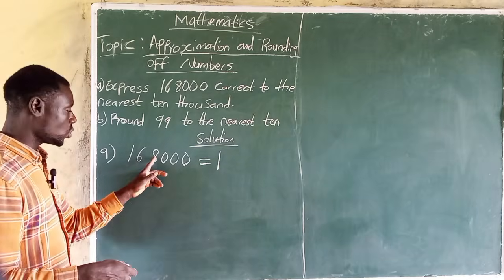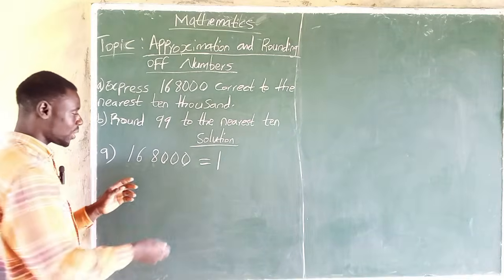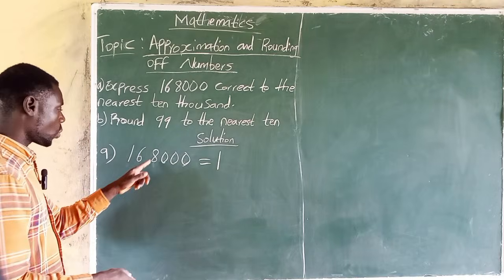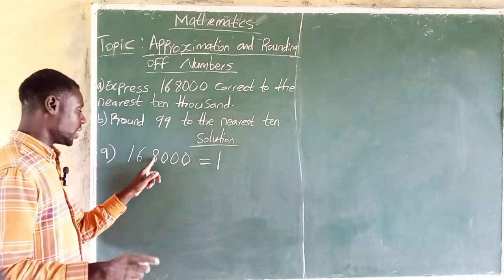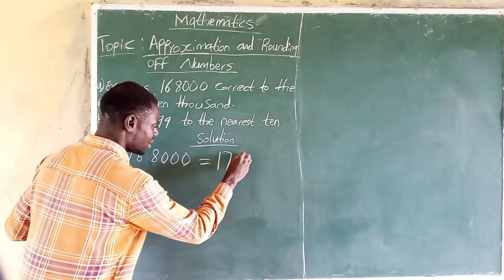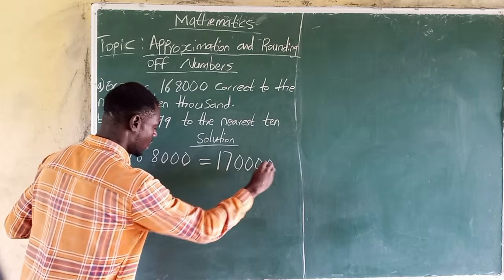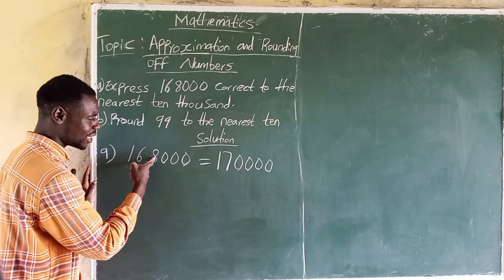So we are rounding this number to become 1. Whenever you have rounded this number up, it becomes 0 automatically. So when you are rounding this up to 1, you add it to this 6, it becomes 7. So you have 0, 0, 0, 0. Automatically this 8 has become 0.